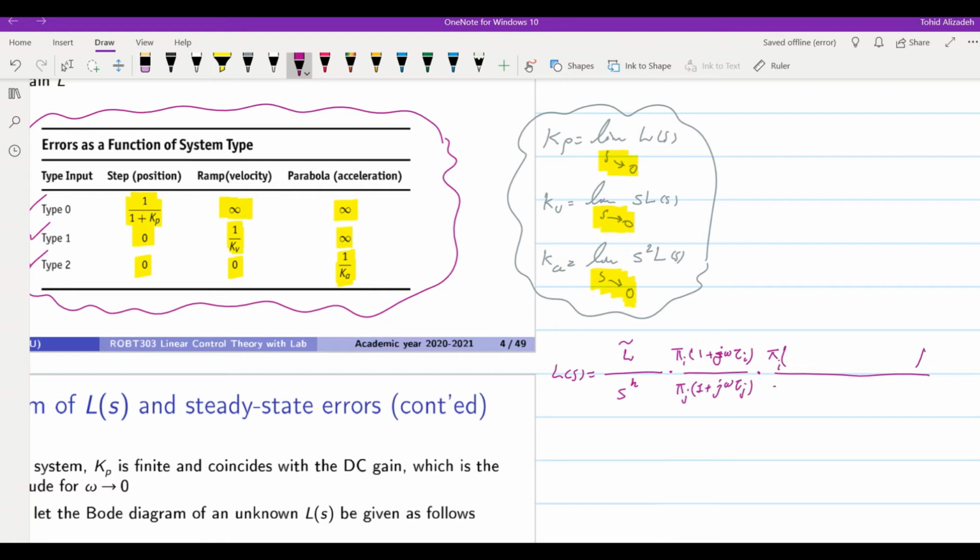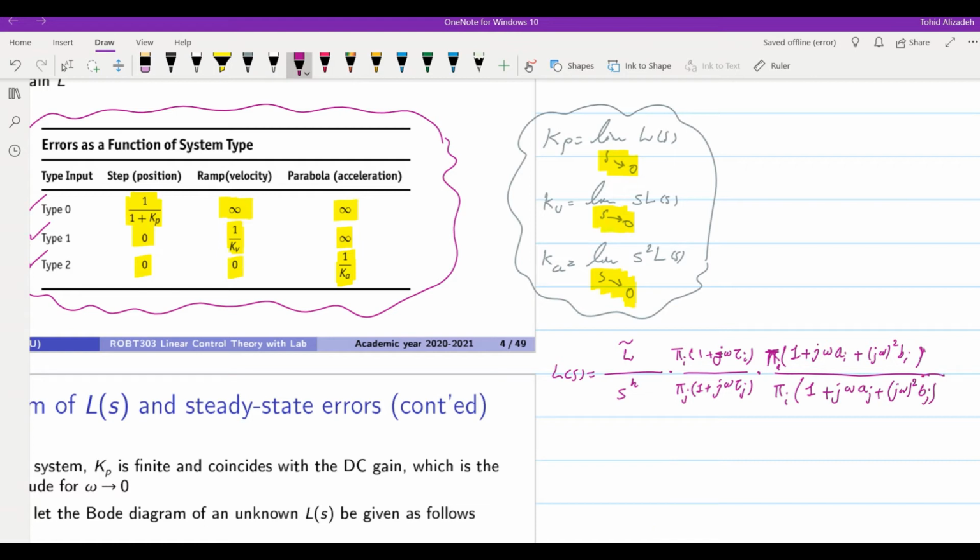So indeed we will have a set of them, product of the second order zeros in the form of 1 plus j omega a i plus j omega squared b i. And for the second order poles, we can have them in the form of 1 plus j omega a j plus j omega squared b j.